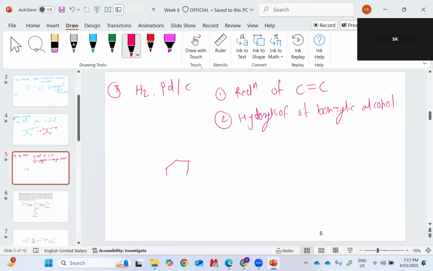But if we have a benzylic alcohol, let's say in this case we have such alcoholic groups, here this is R1 and this is R2, and let's consider this a kind of chiral center. In this case, the hydrogenolysis takes place and the attack takes place on the anti side.